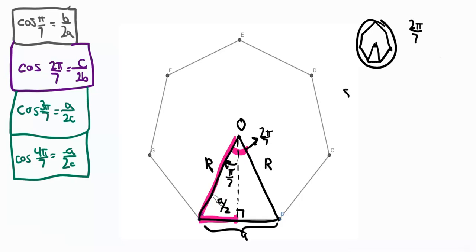So then the sine of pi over 7 is A over 2r. So our sine ratios are going to have the diagonal or the side length over 2r, and that's what I'm going to establish in the next two cases.